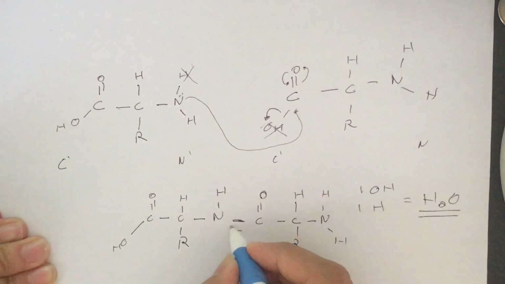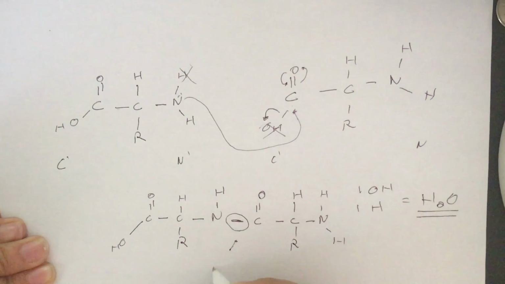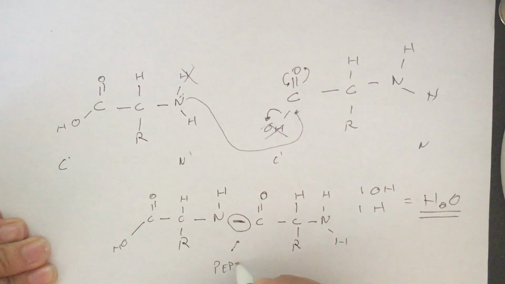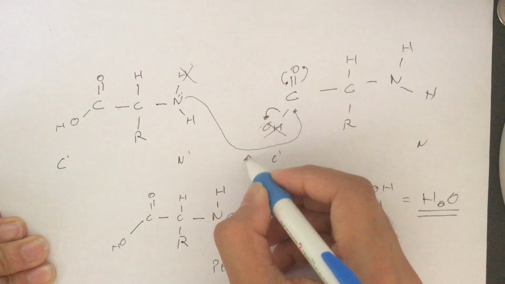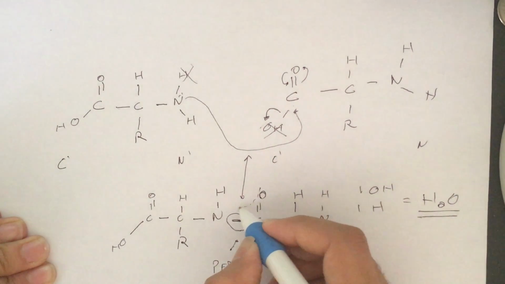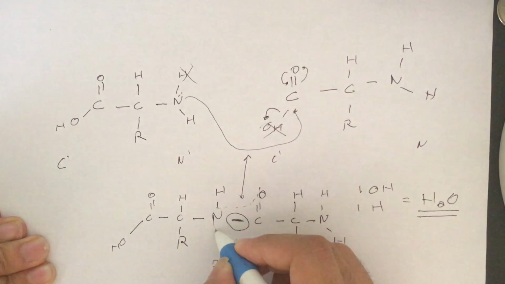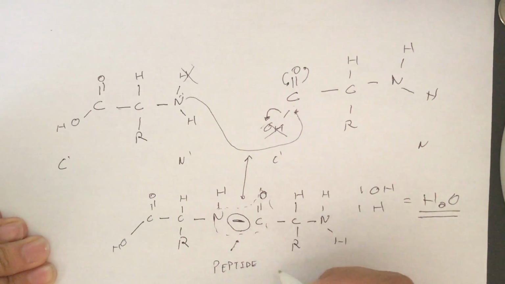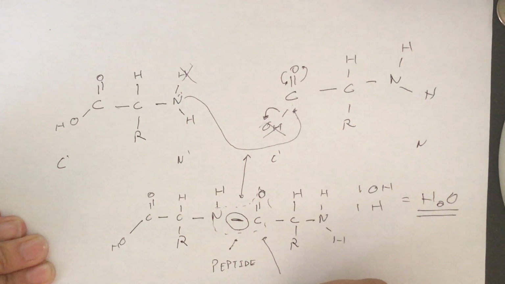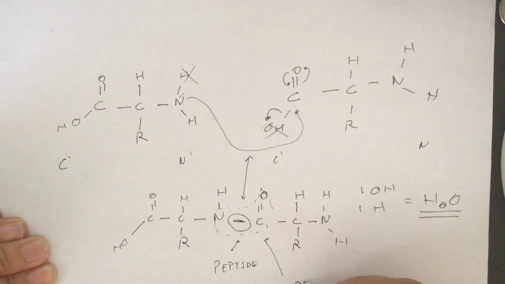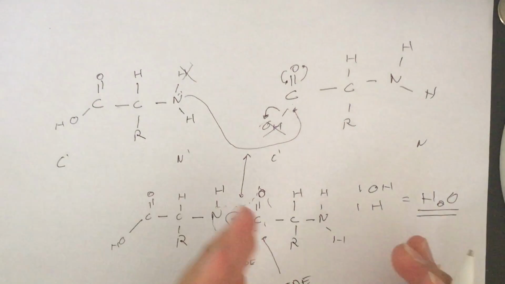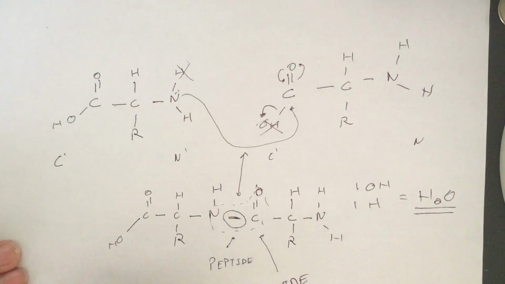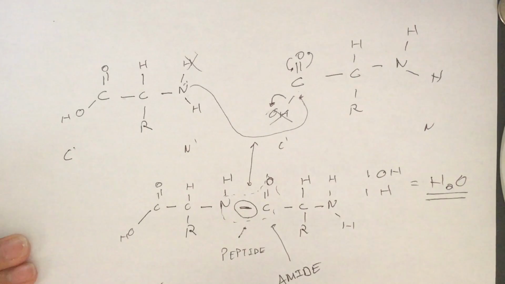Just to make sure, this right here is what's called a peptide bond, and this group is called an amide group. So this is basically joining two amino acids together, and when you have a string of amino acids, that's called its primary structure.